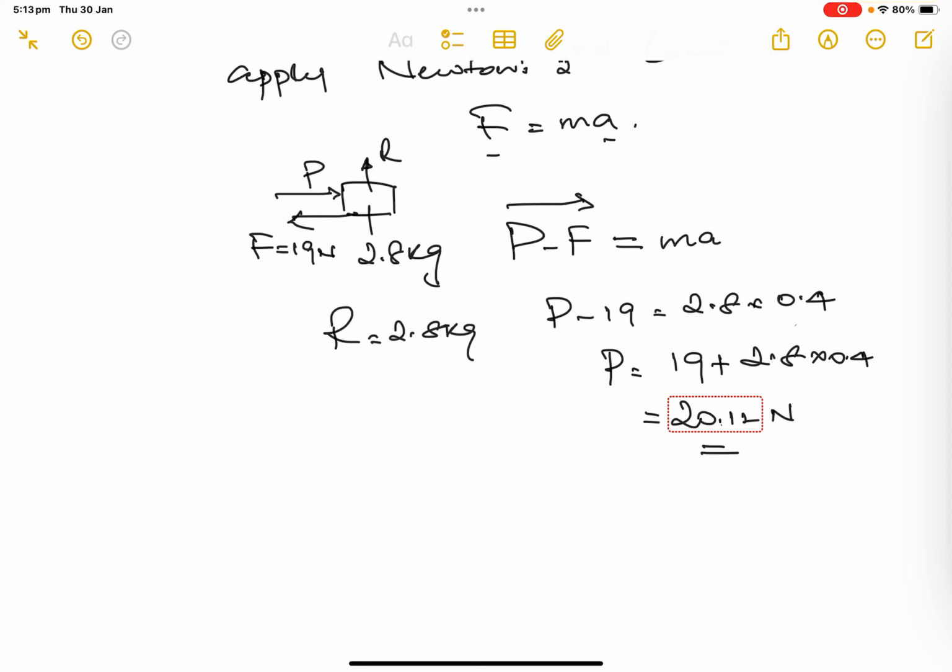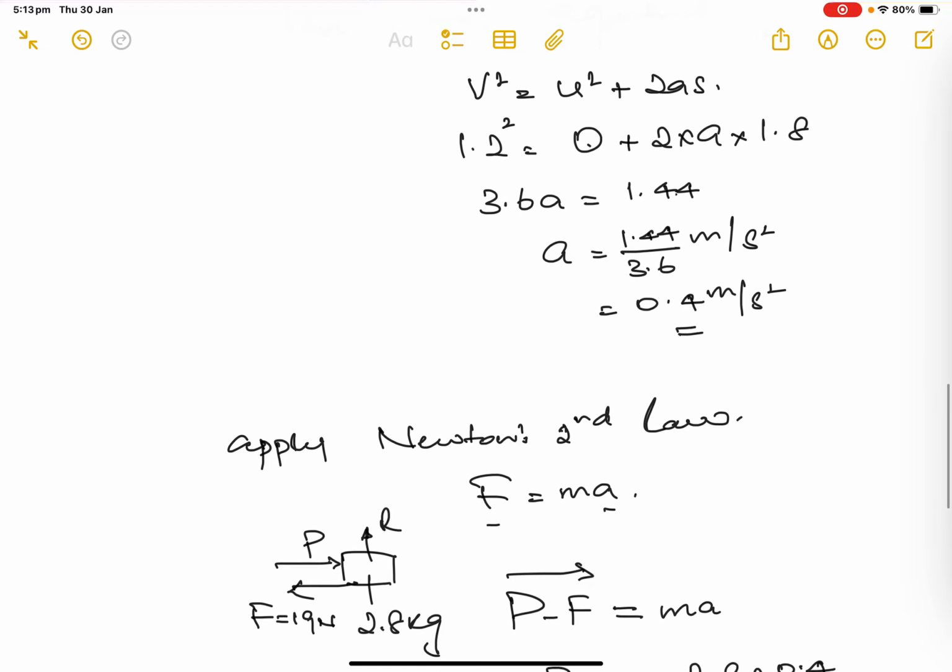P, which we need to find, minus 19, the friction given, equals mass 2.8 kilogram times acceleration 0.4. Using a calculator, P is 20.12 Newton. So Rory's constant force is 20.12 Newton.